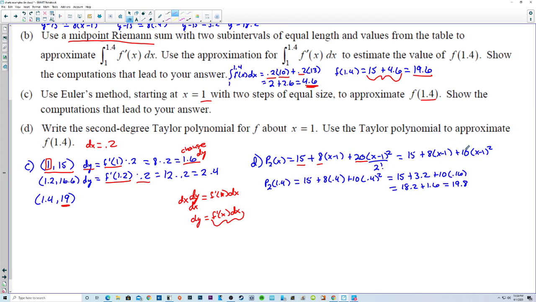Well, I simplified it here. And when we plug 1.4 in, this becomes 0.4, this becomes 0.4. And that's right here. So we have 15 plus 3.2 plus 1.6. So our final approximation for f of 1.4 is 19.8.